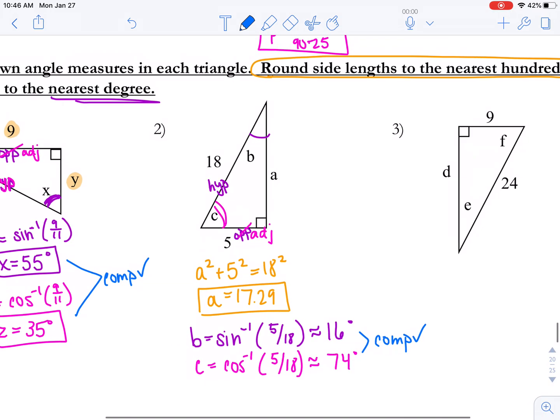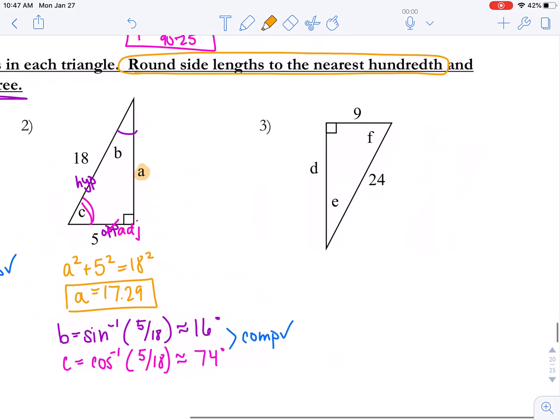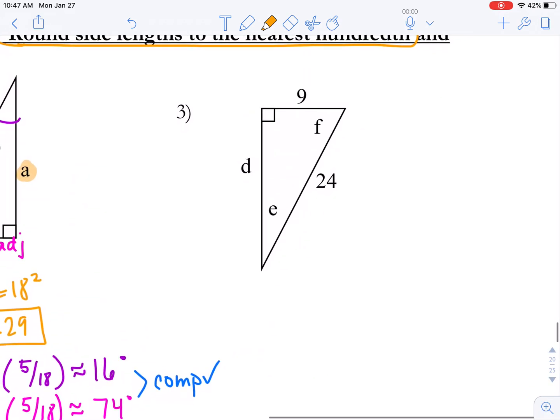All right, welcome back. Go ahead and fast forward through all of this, so you guys can just see the answer. And we'll do the same thing for number 3. So just to review, again, I use Pythagorean theorem to solve for A, and then I use inverse trig to solve for the angles. All right, go ahead and pause it, and then fast forward again when you're done with example 3, and we can compare our answers.